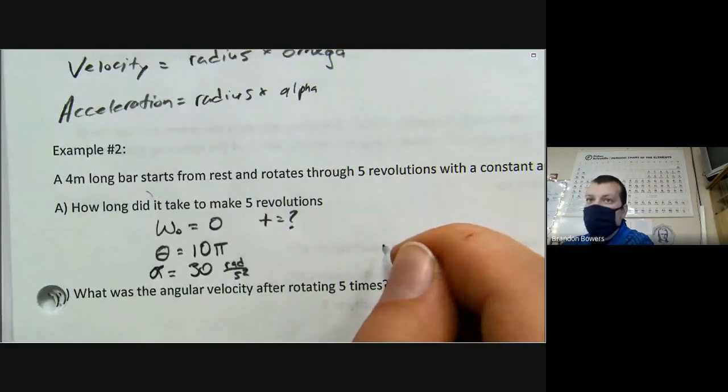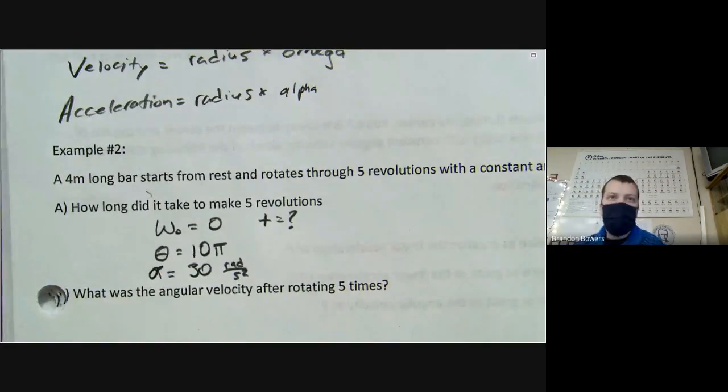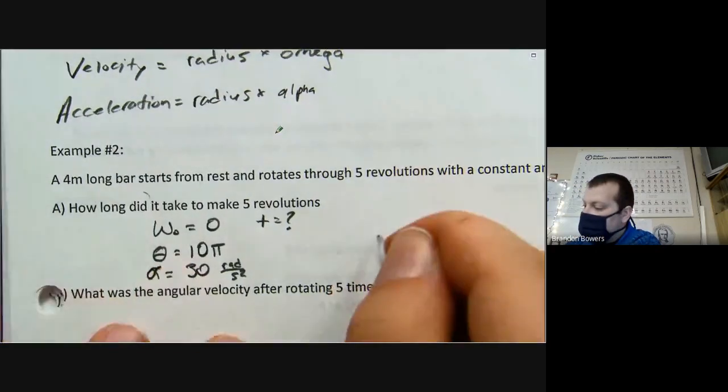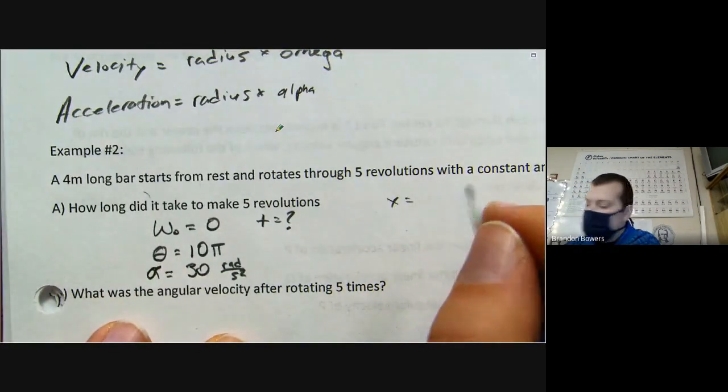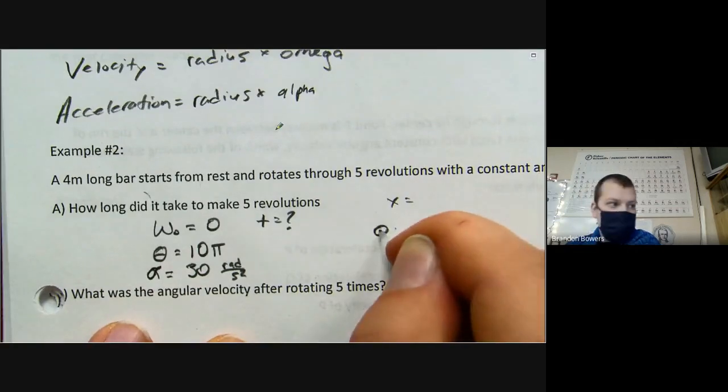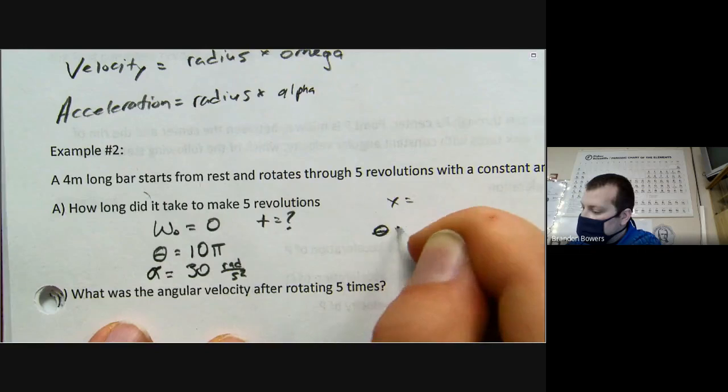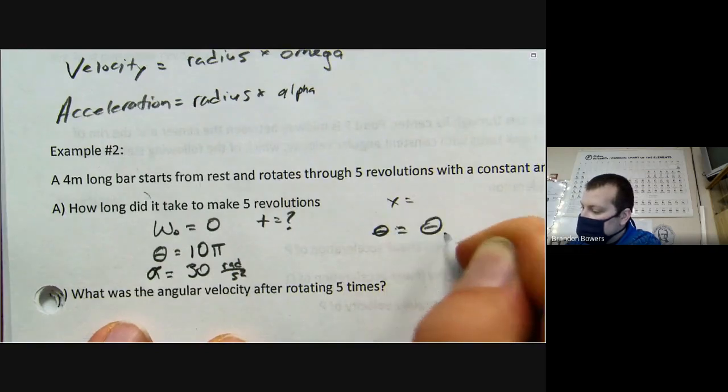Theta equals theta initial plus omega initial times time, plus 1/2 angular acceleration times time squared.